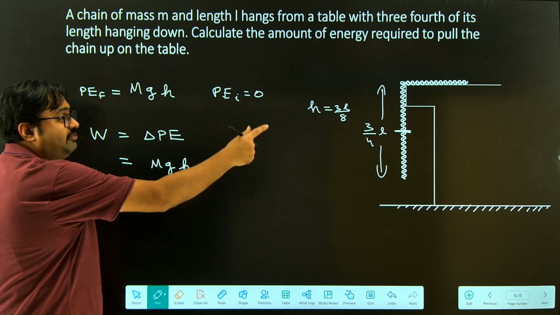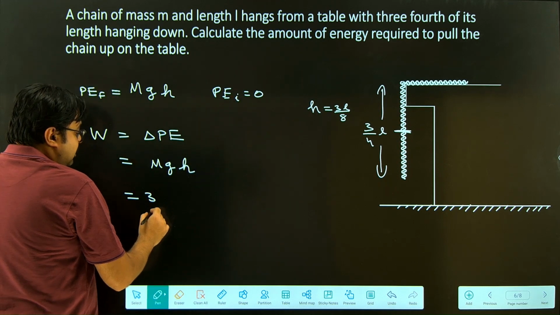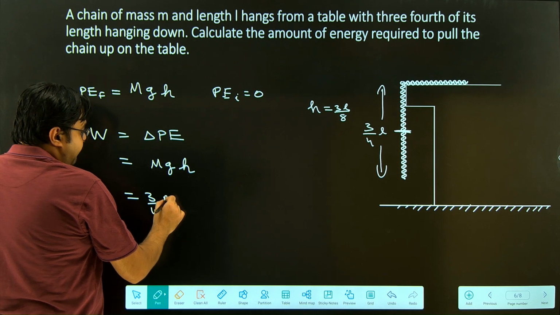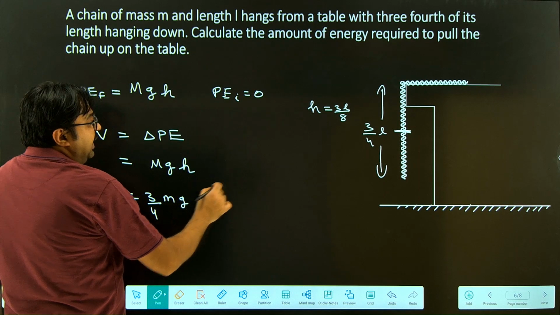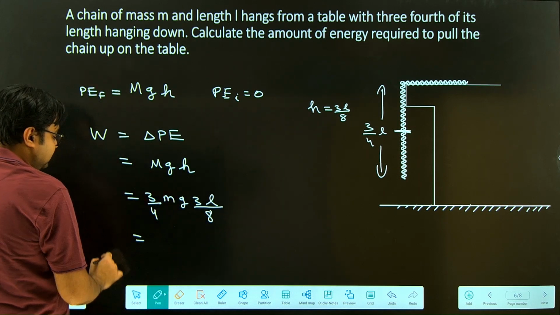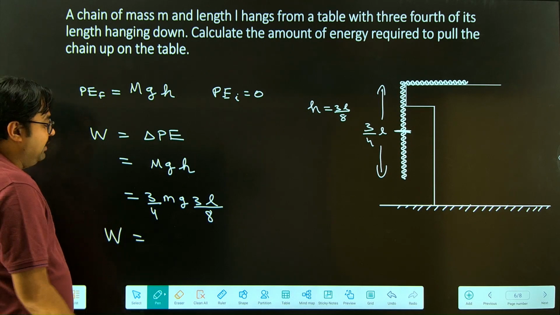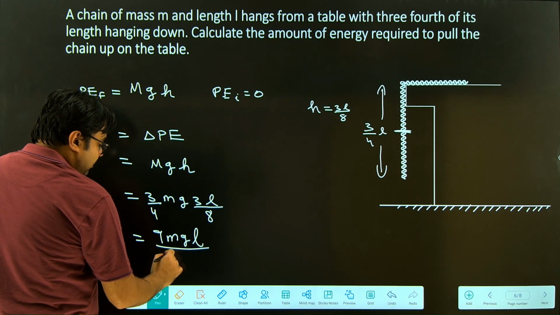M is 3/4 of the total mass, because 3/4 of the chain is hanging. So I have 3/4 m multiplied by g. h is 3L divided by 8. So the answer you have for the work done is 9mgL divided by 32.